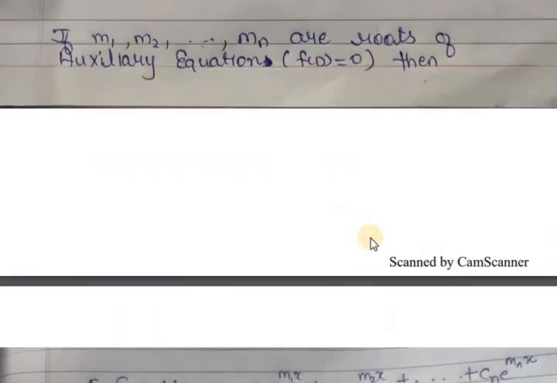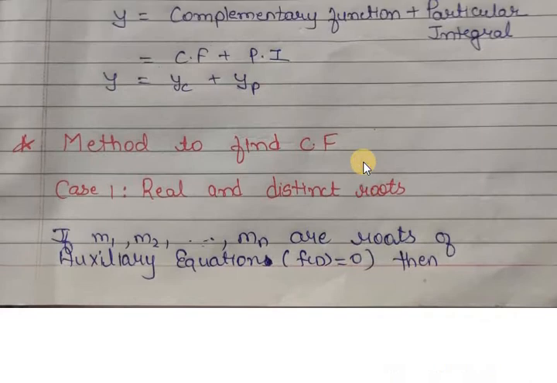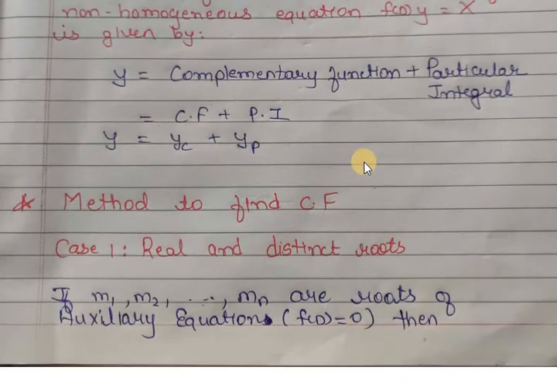Okay. So here, first of all, how to find roots. Suppose we are given the differential equation, solve (D square plus 3D plus 2) y is equal to 0. First of all we will compare the given differential equation with f(D) y equal to 0.